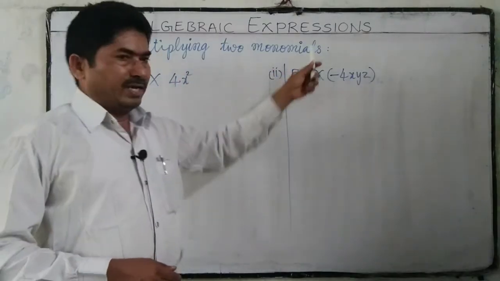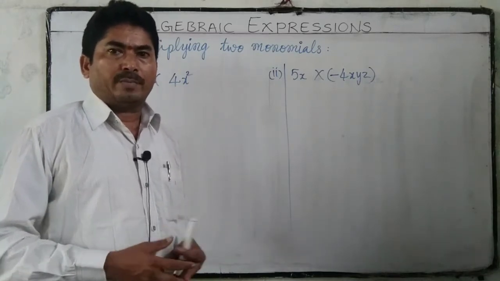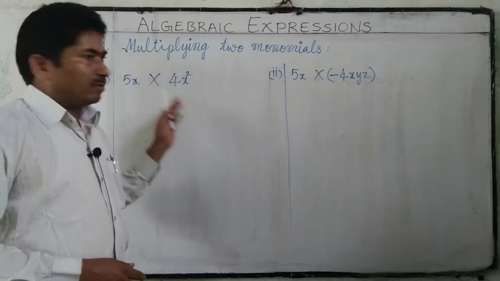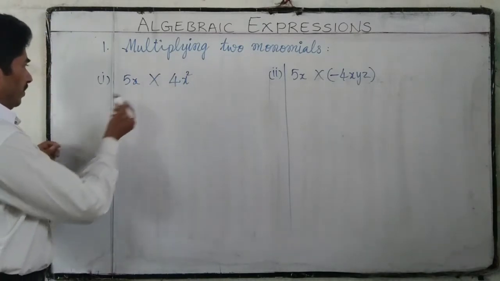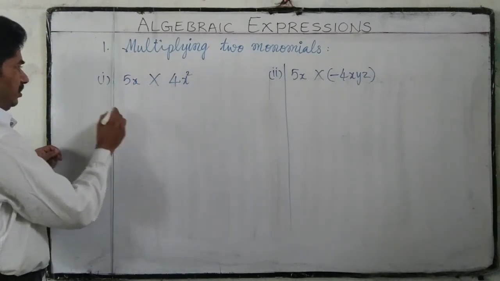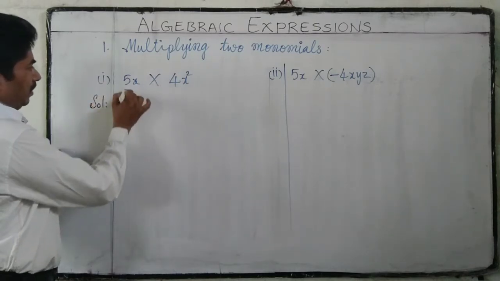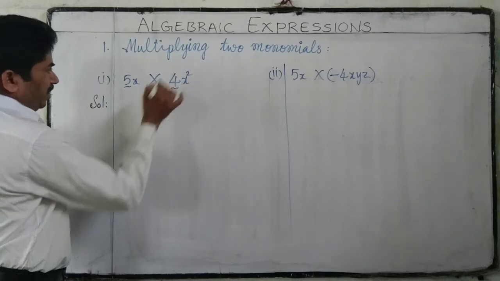Multiplying two monomials. To multiply two monomials, first we have to multiply the constant terms. Let us observe these two examples to understand this. 5 and 4 are constants.